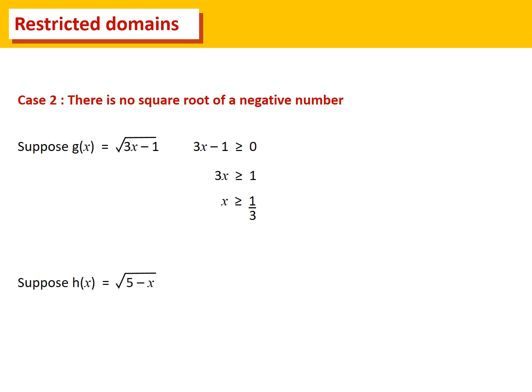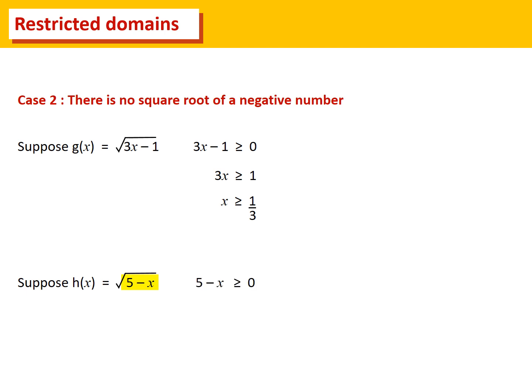In our second example, suppose h of x equals 5 subtract x. Once again, we've got the square root of 5 subtract x, and that square root can't be a negative. We can't have the square root of something that's negative. So 5 subtract x must either be 0 or greater than 0.